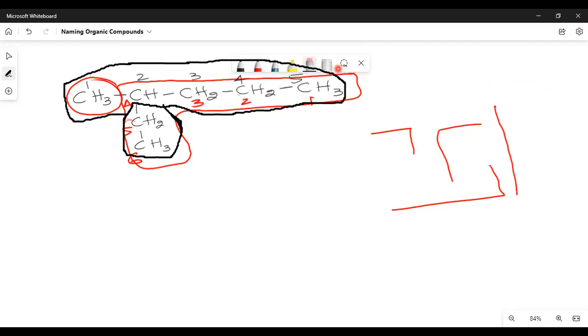So let's try it now. Let's check whether the numbering is correct or not in my case. Since I already marked the whole thing for you, is the numbering correct?